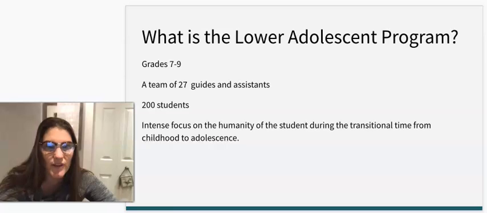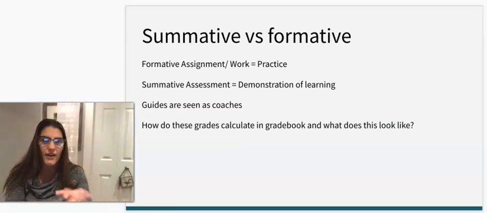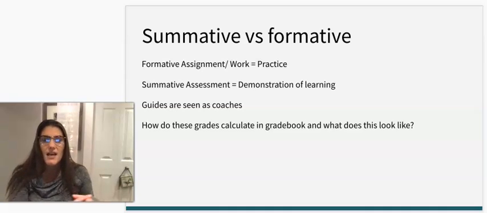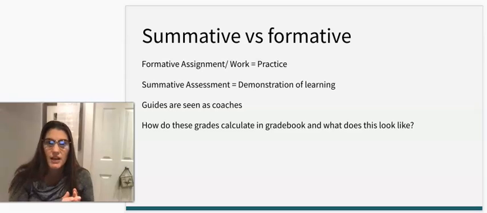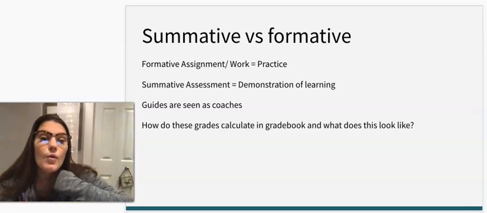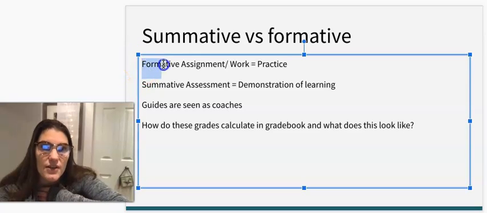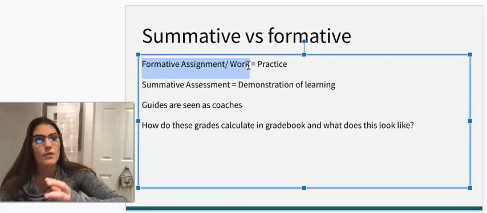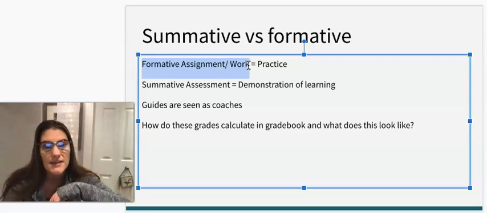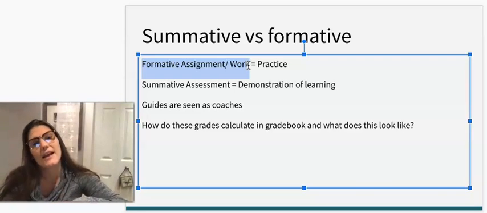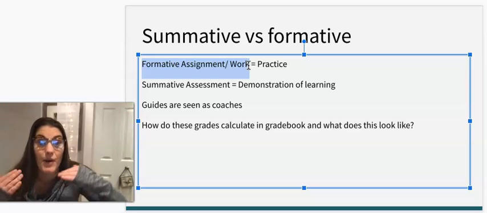As we move into standards-based grading and try to clarify, the first main point we need to talk about is the distinction between summative and formative work or assignments. Formative assignments are those that lead up to a whole picture of understanding. We really want to call formative work practice. Formative practice doesn't count for anything in the gradebook because it's practice.